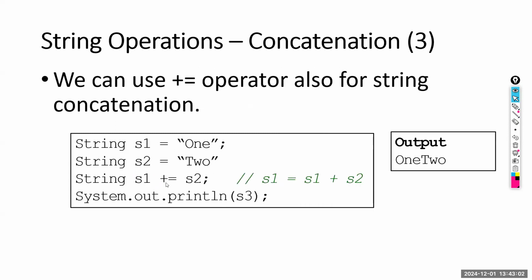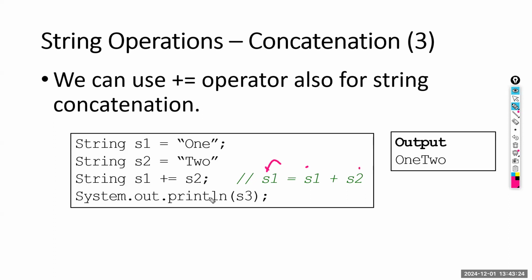Right. And also the plus equal operator is available. Basically, S1 plus equal S2 means S1 equal S1 plus S2. So then S1 and S2 must be strings. If both are strings, of course, S1 is currently 1, S2 is 2. The result is 1, 2, now assigned to S1.